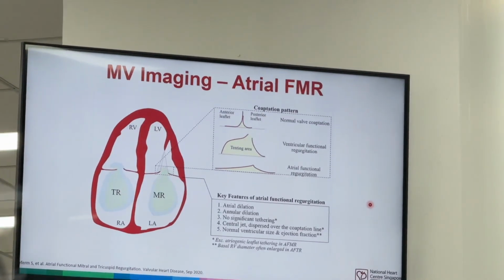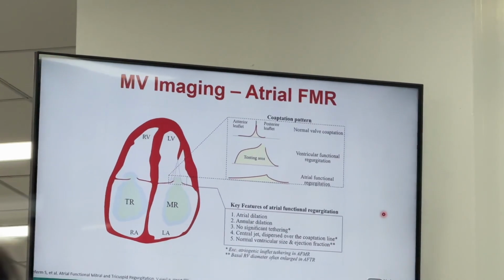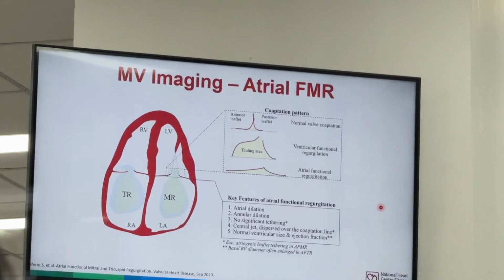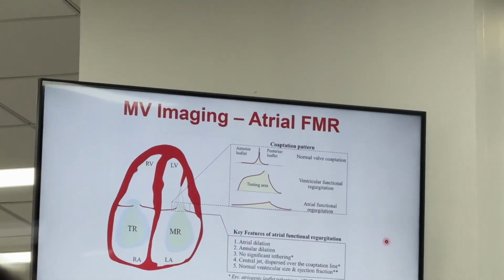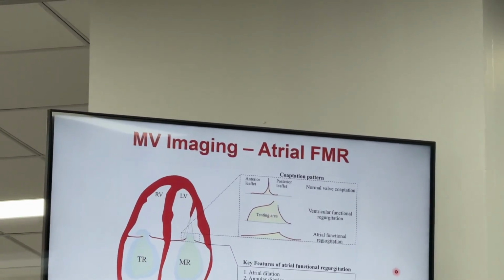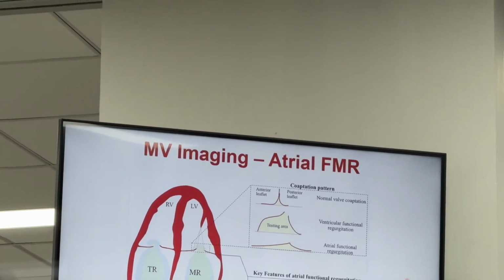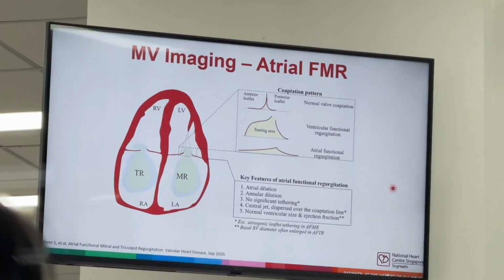Usually it's a central jet dispersed along the coaptation line, but you may have asymmetrical tethering because of atrial dilatation, resulting in anterior pseudoprolapse and a posteriorly directed MR jet. And the left ventricle ejection fraction and size is typically near normal.